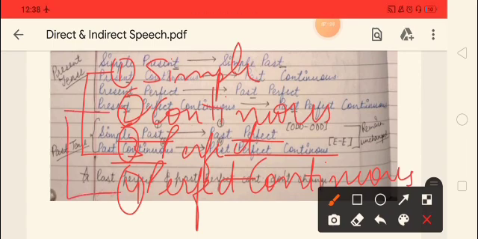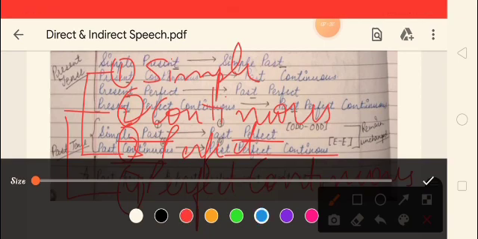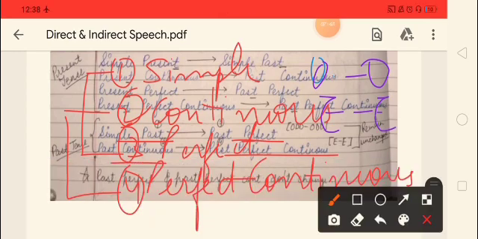Means odd, even. Odd changes to odd and even changes to even. That is 1 changes to 3, 2 changes to 4. ठीक है.